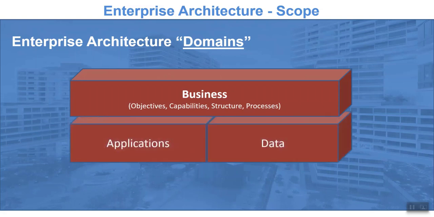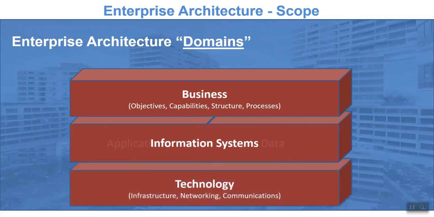The next level of architecture definition should be related to the applications that are serving the organization, as well as the data that is used by these applications. Together, applications and data are called the information systems that are serving the organization. So architecture needs to be defined at this level.